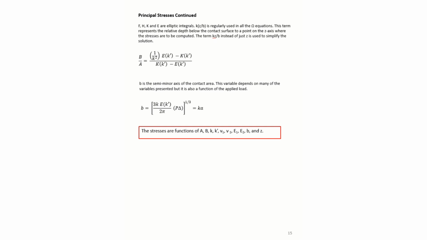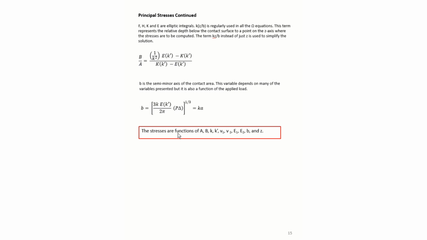To finish with some of the equations on the previous page, we can compute the ratio of b over a using this equation here, where again e and k are elliptic integrals. Then b, the semi-minor axis of the contact area, is given by this expression here.